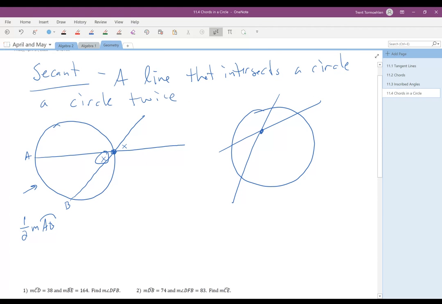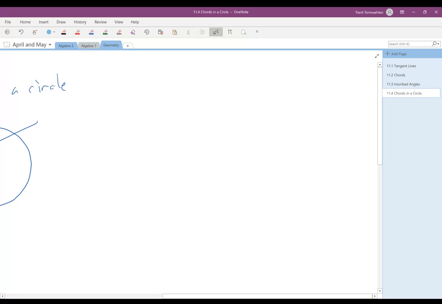And that theorem, and it has three parts, is theorem 11.11.